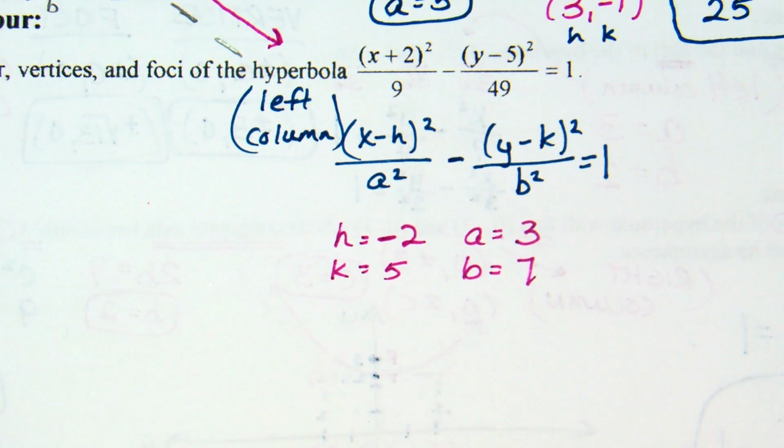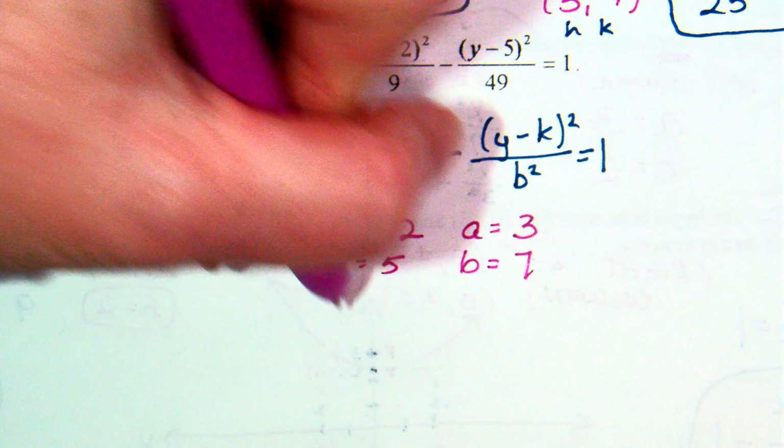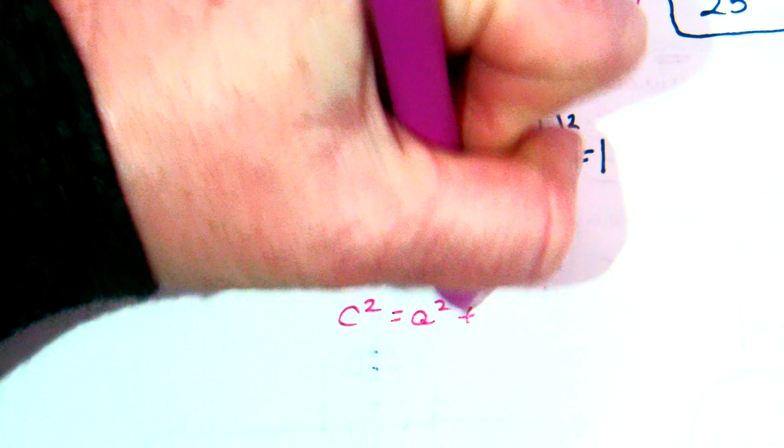What else are we going to have to know when we're trying to find center, vertices, and foci? C. How do we find C? The Pythagorean relationship, which is what with a hyperbola? C squared equals A squared plus B squared.